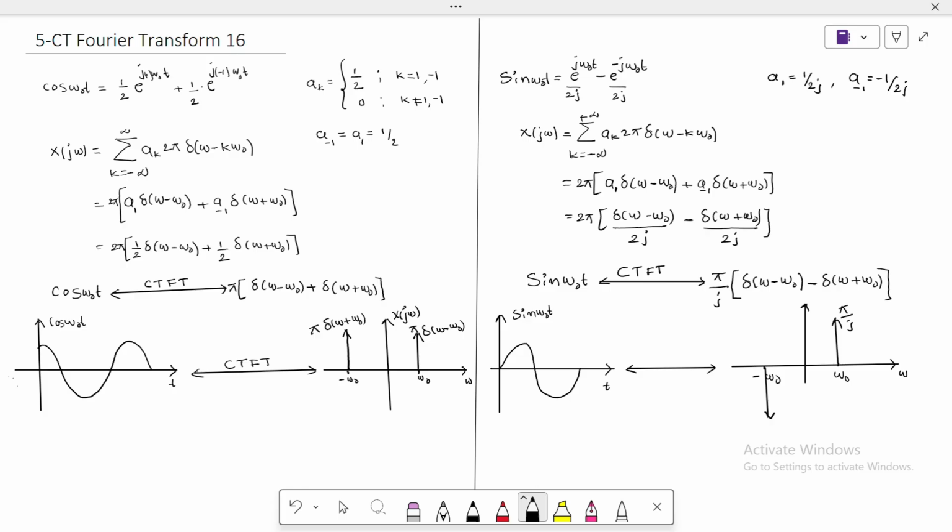The magnitude is pi by j delta of omega minus omega naught, and this is minus pi by j delta of omega plus omega naught.